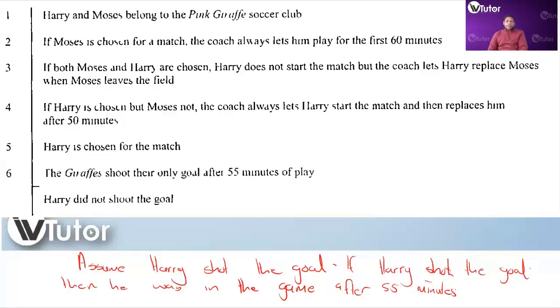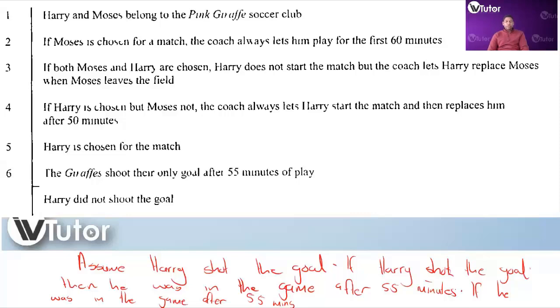If he was in the game after 55 minutes, what would have happened? Then it means that Harry was not chosen, right?